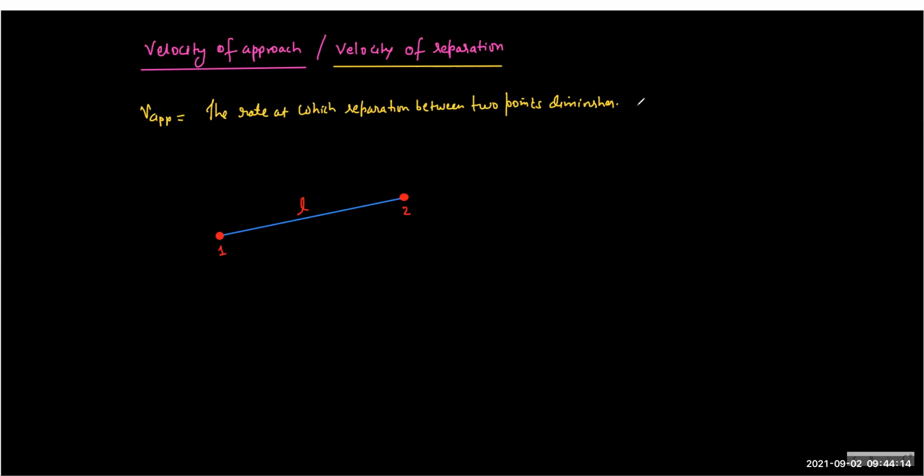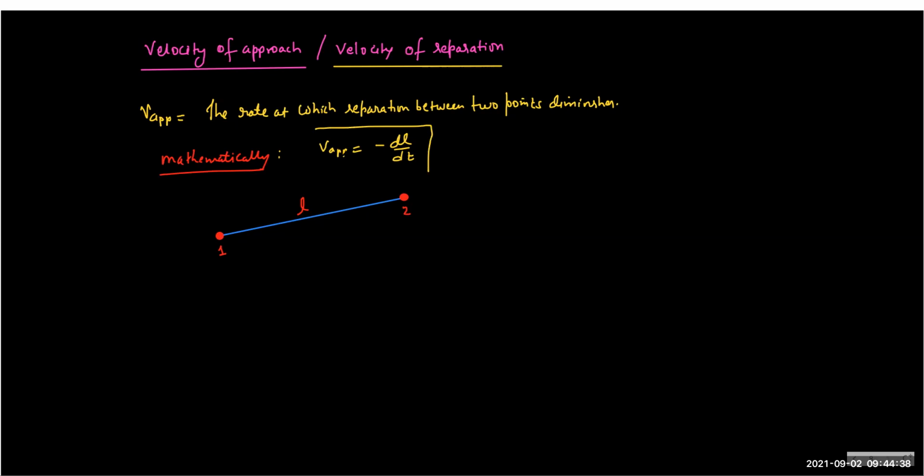That's important. So mathematically, the V approach we write as minus dL by dt, the rate at which L is diminishing.